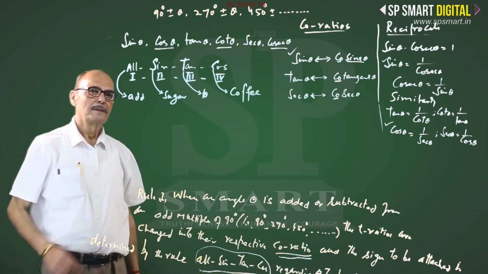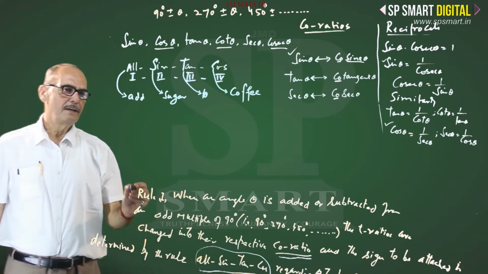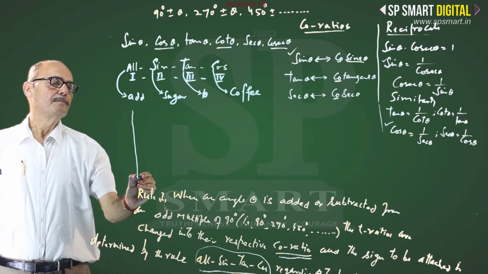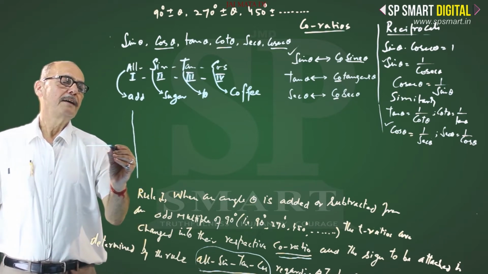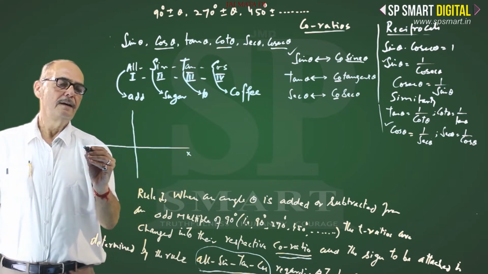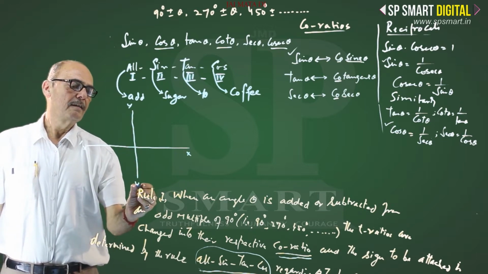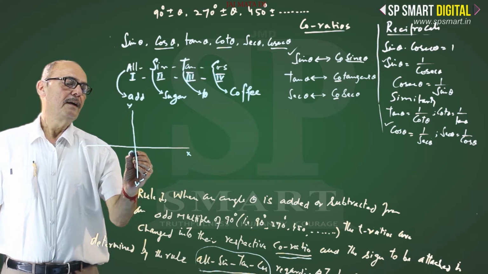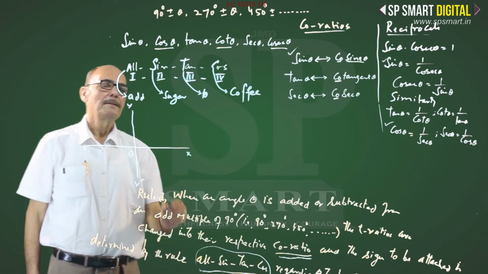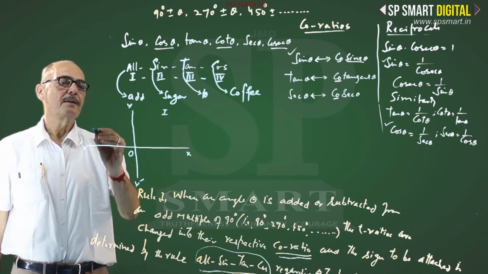To prove or establish this, we consider this is the y axis and x axis, X, X dash, Y, Y dash, and this is the origin. This is the first quadrant, we move in the anti-clockwise direction.